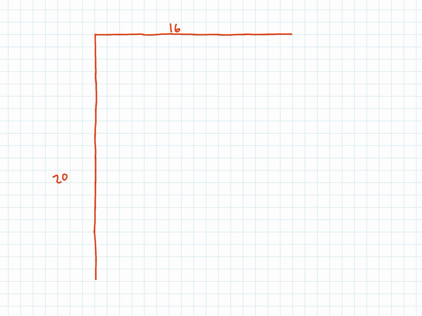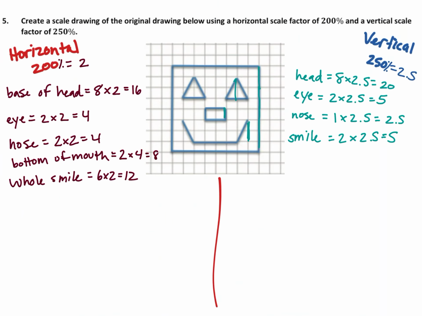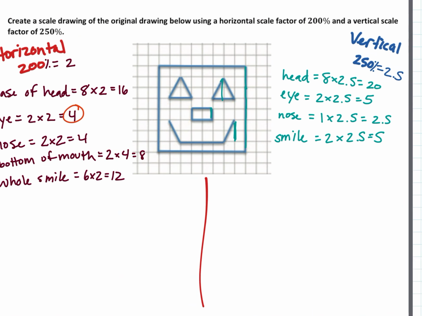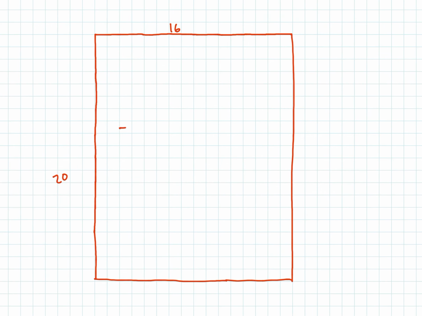And that should be 20 tall. His eye needs to be 2 in from the side because it was 1 and we are doubling it. So 2 in from the side, and it needs to be 4 across. And same thing down here.